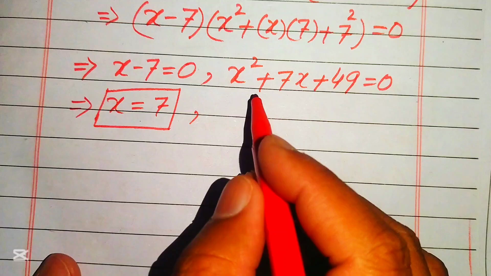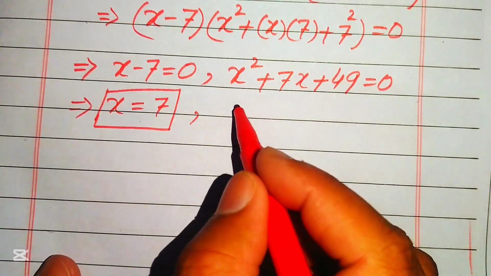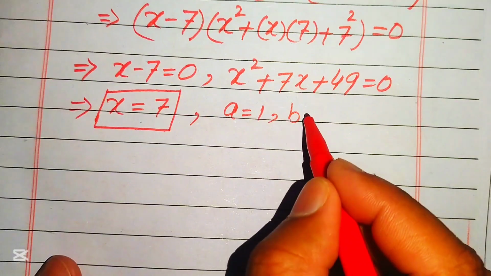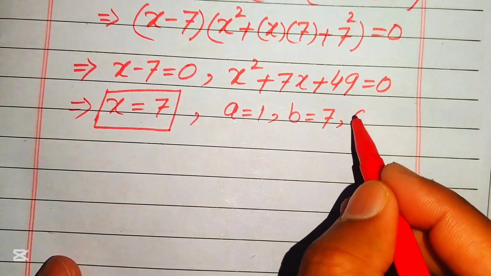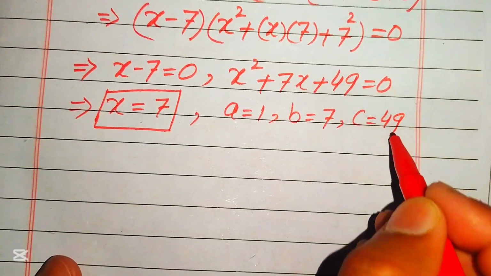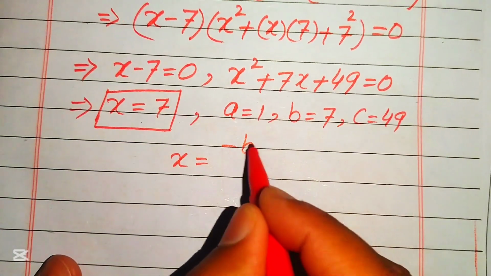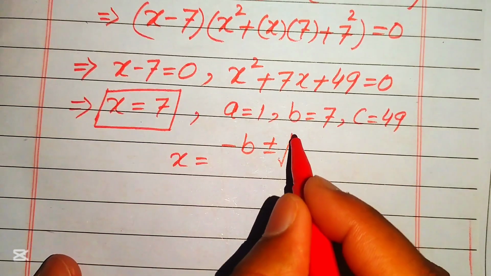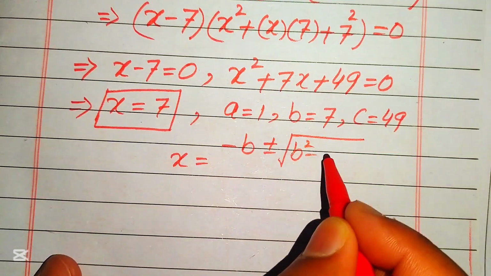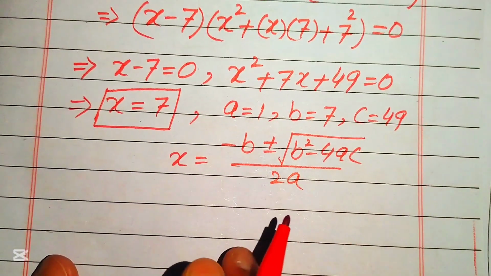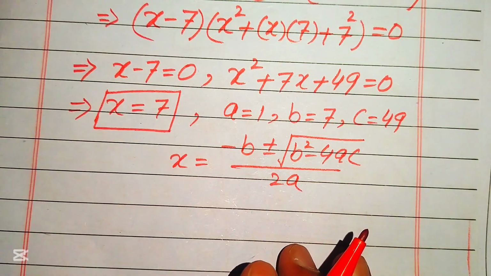This is a quadratic equation in the x variable, so we can apply the quadratic formula. But first we write the coefficients of this equation: a equals 1, b equals 7, and c equals 49. The quadratic formula is stated as x equals minus b plus minus square root of b squared minus 4ac, divided by 2a.